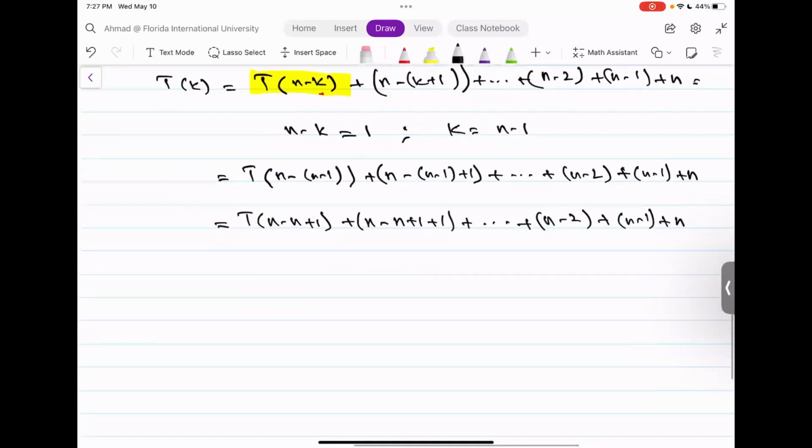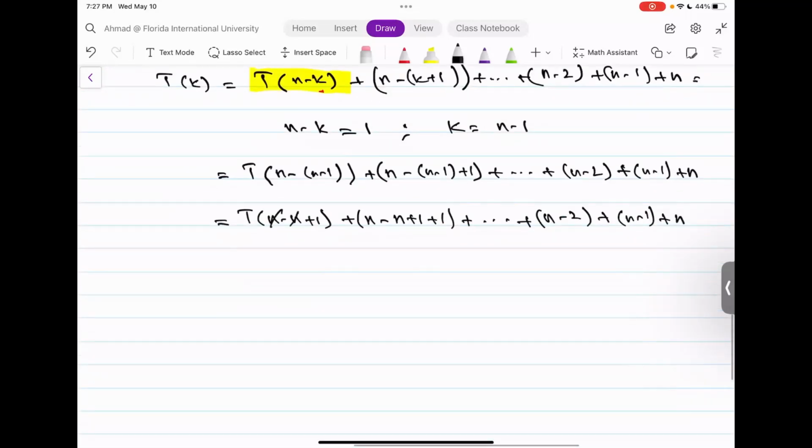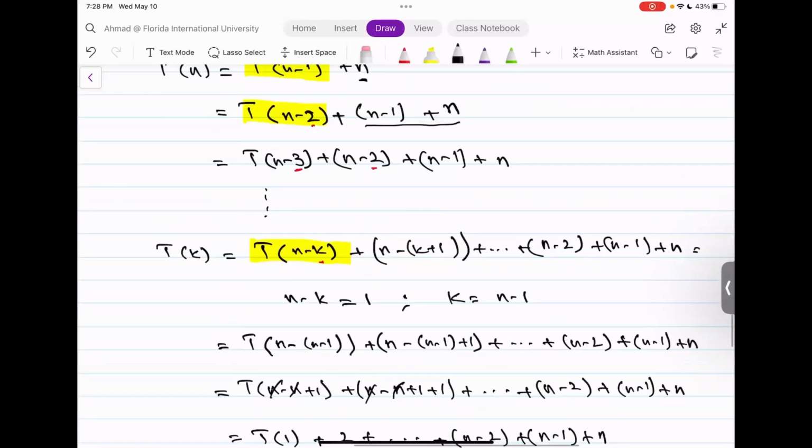So now if you simplify it, n and n cancel out. What remains is t of 1 plus 1 plus 1 is 2, plus so on, plus n minus 2 plus n minus 1 plus n, right?